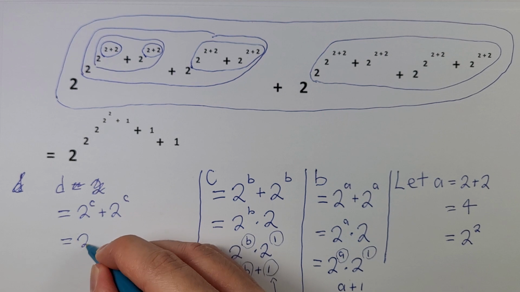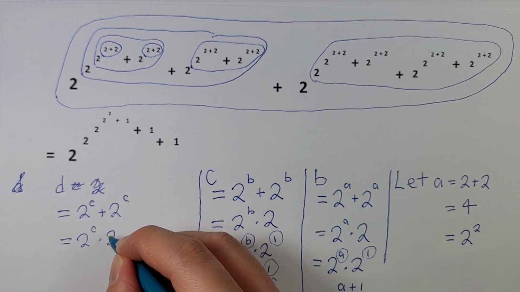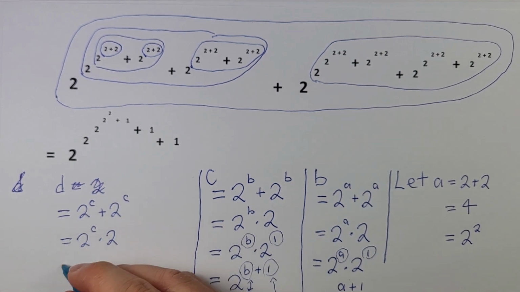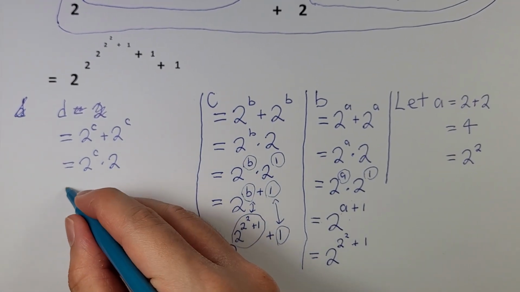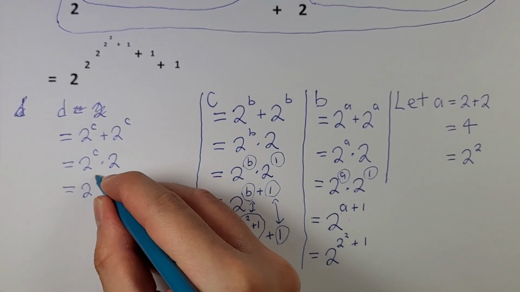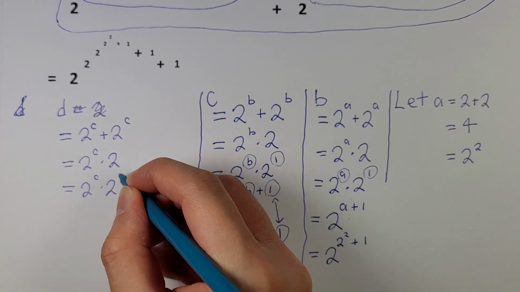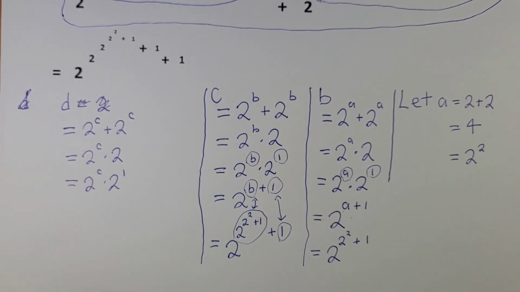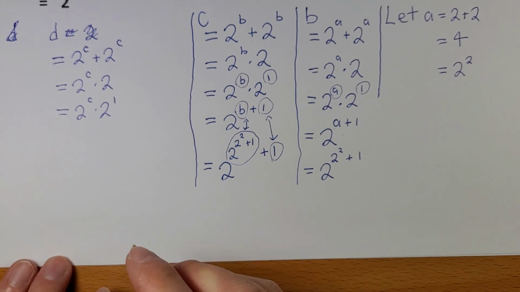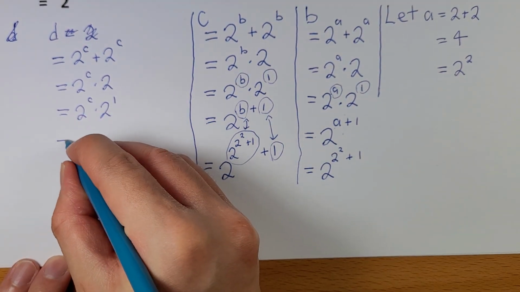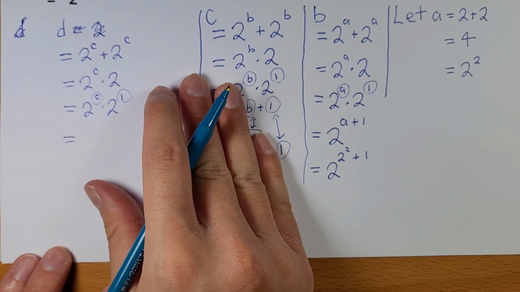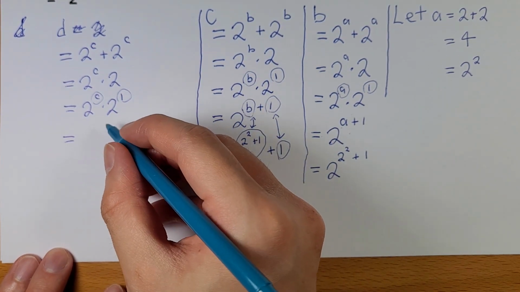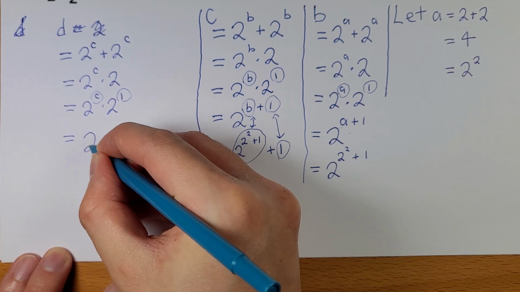I can write this as 2 to the power of c times 2. I can rewrite 2 as 2 to the power of 1. Next, I can add these two exponents together, like so.